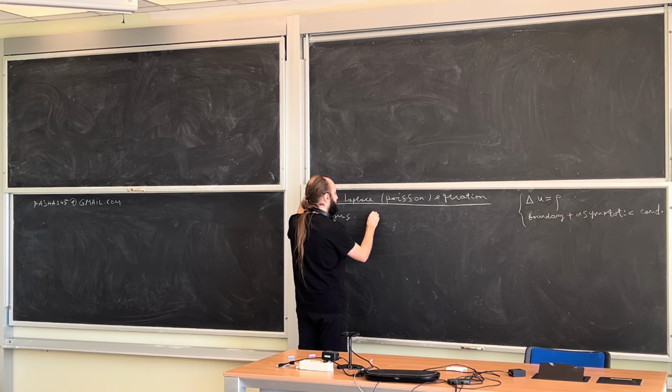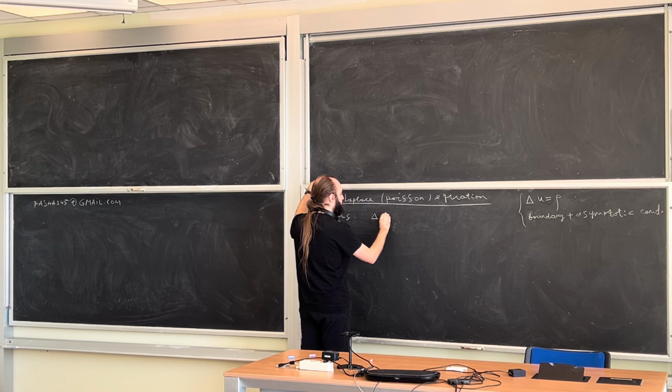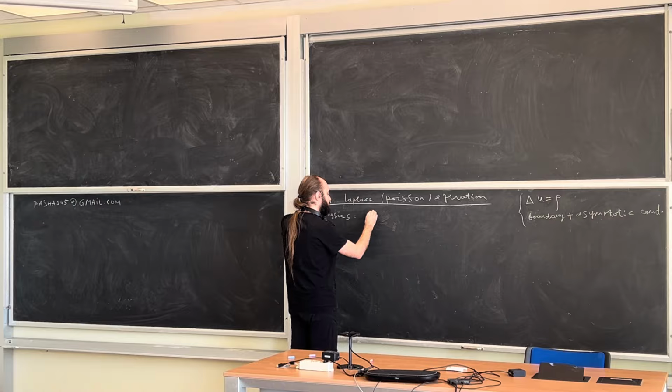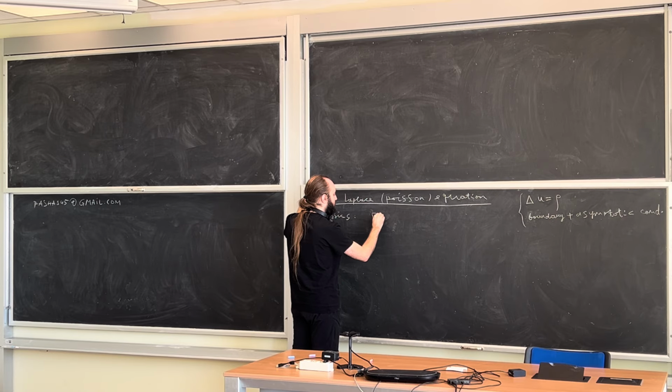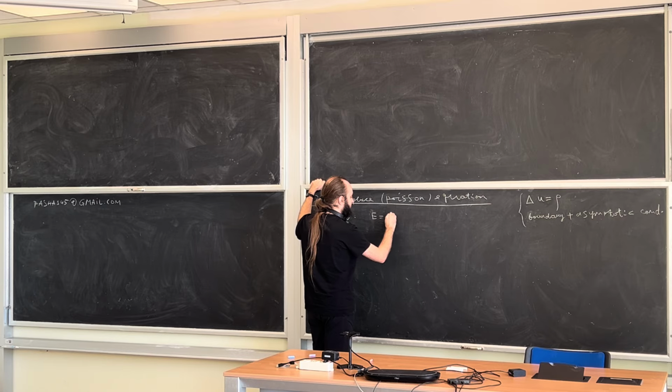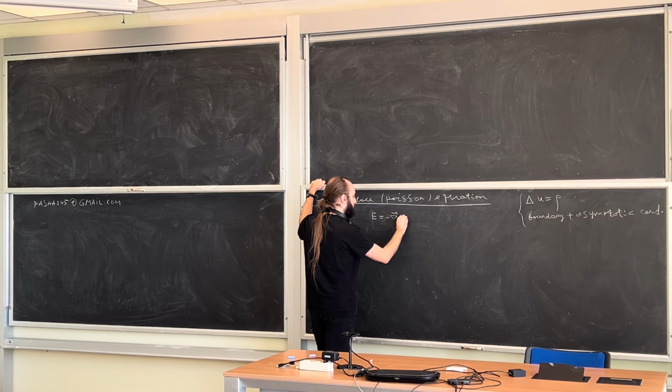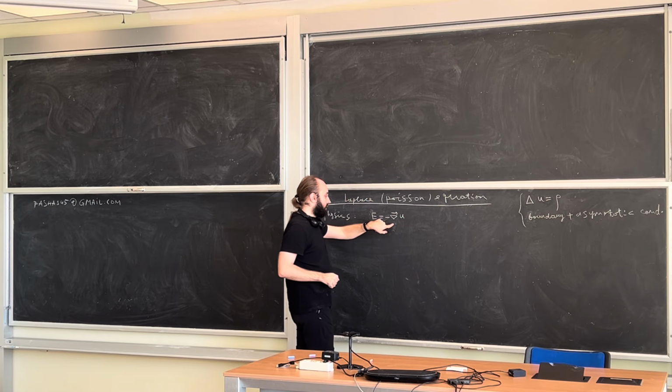There is an electric field equal to minus gradient of the potential.